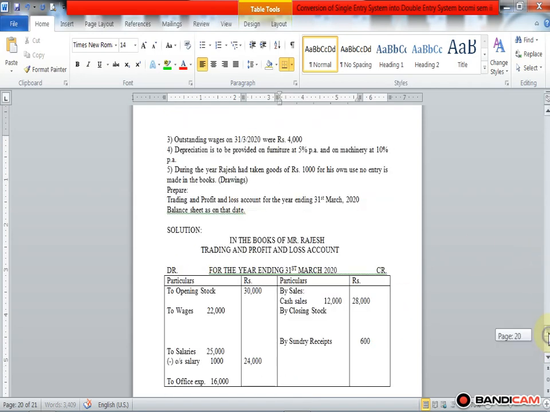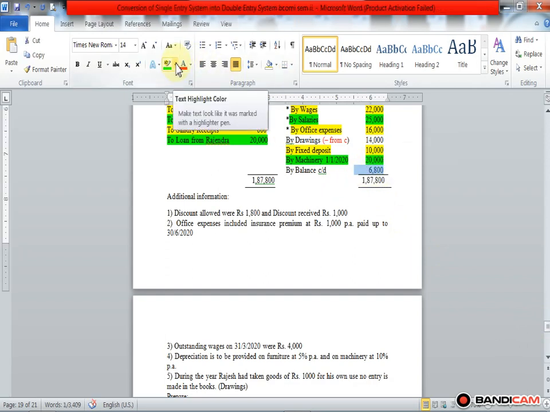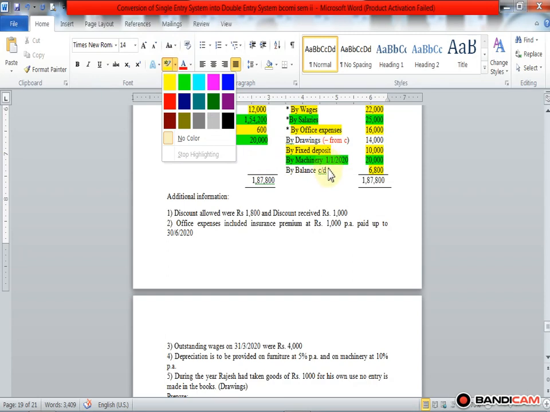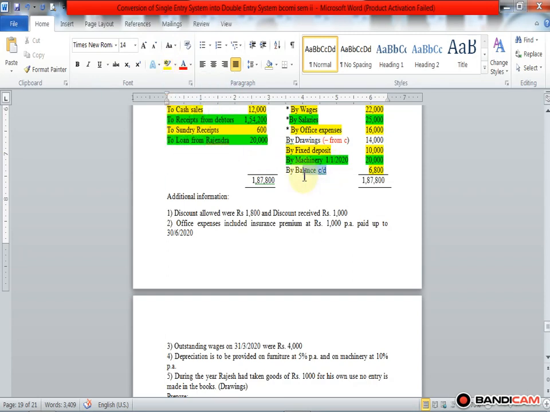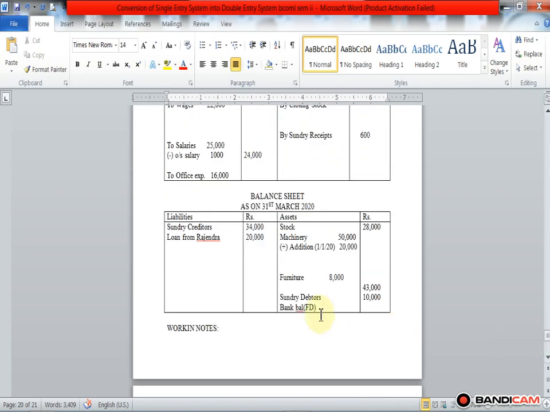Then balance carried down, it means closing balance of cash, and closing balance of cash is posted on closing balance sheet asset side. Okay, because it is our asset, the closing cash balance is our asset, and the closing balance of cash is transferred to closing balance sheet asset side.